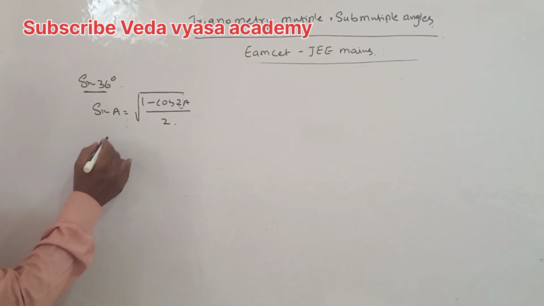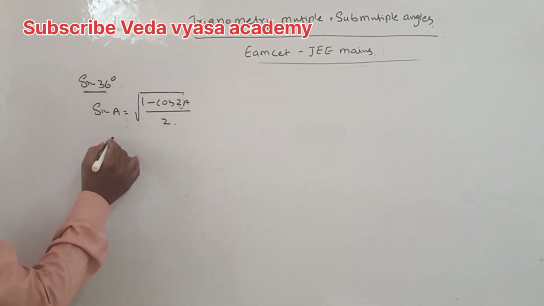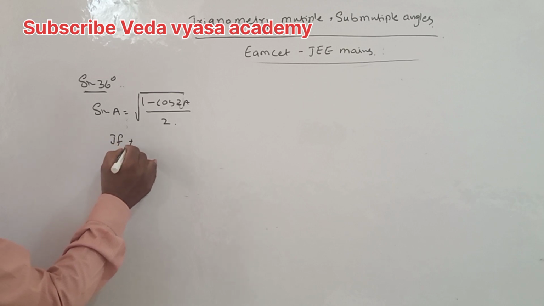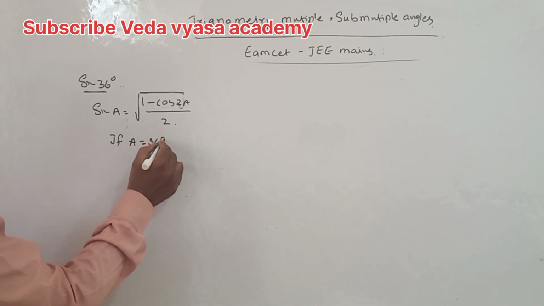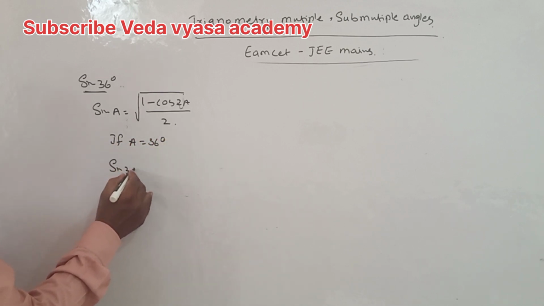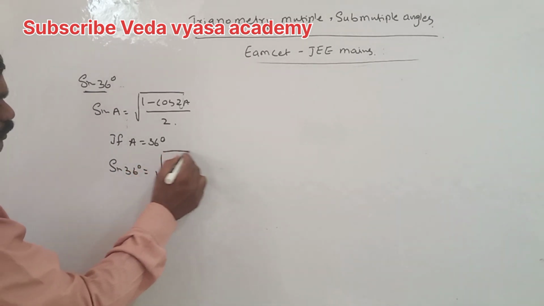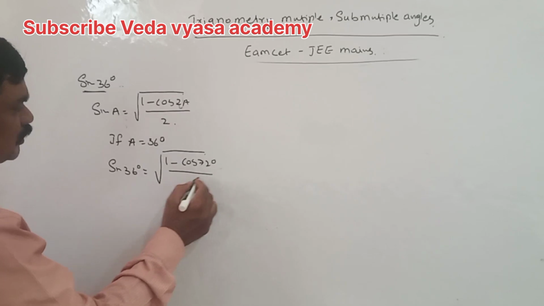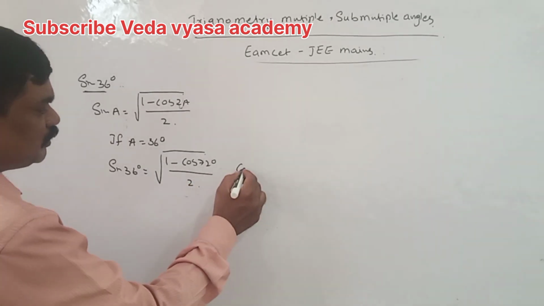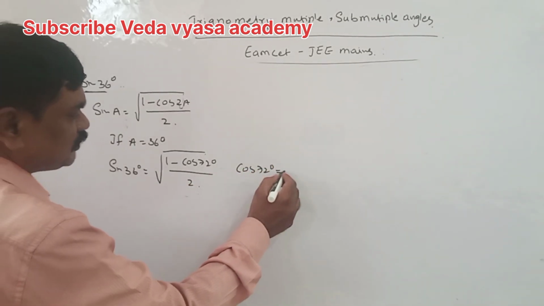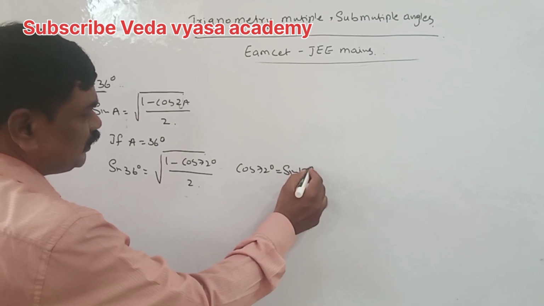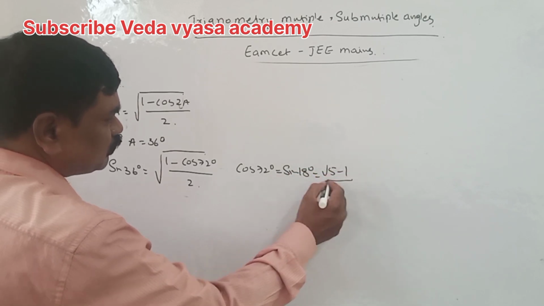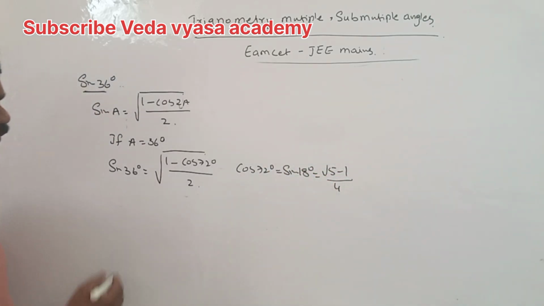Here, if a is equal to 36 degrees, then sin 36 degrees is equal to what? Root over 1 minus cos 72 degrees by 2. But cos 72 degrees is equal to sin 18 degrees, which is equal to root 5 minus 1 by 4.